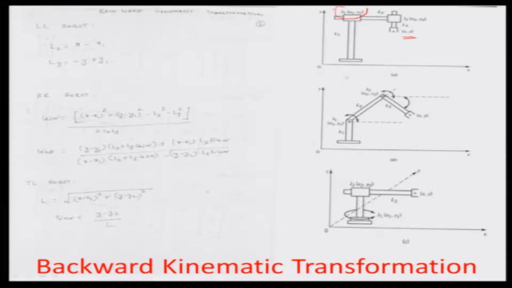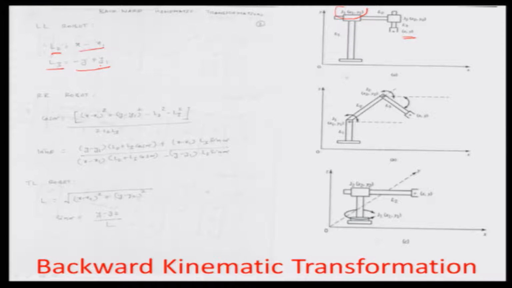So, you can find out the link lengths. These are in the joint space, so you are transforming from the global coordinate system into the joint coordinate system. L2 and L3 can be calculated as x minus x1 and y1 minus y.